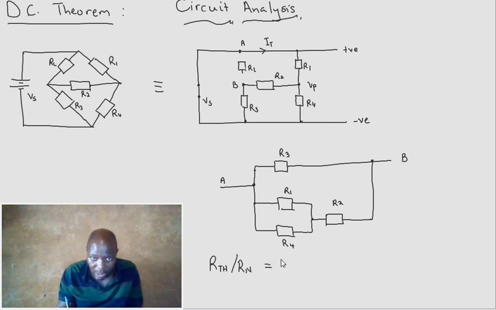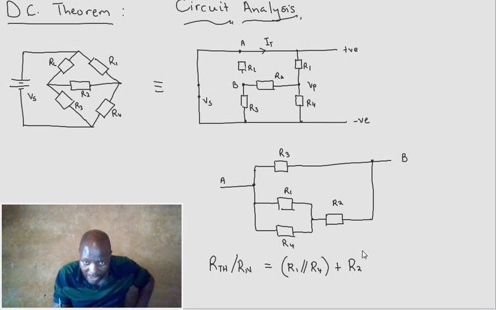These two can be worked out from R1 being parallel to R4, that set being in series with R2. So that is this part. These two in parallel, but together this is parallel to R3.